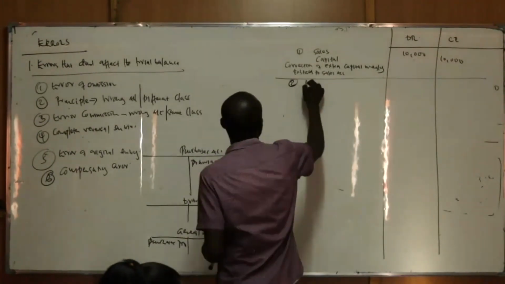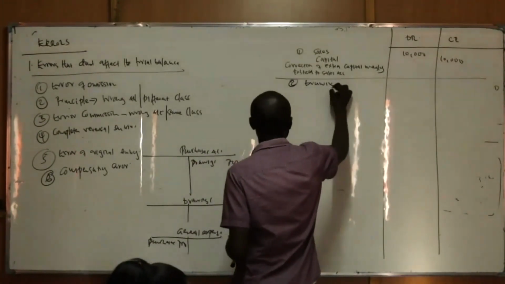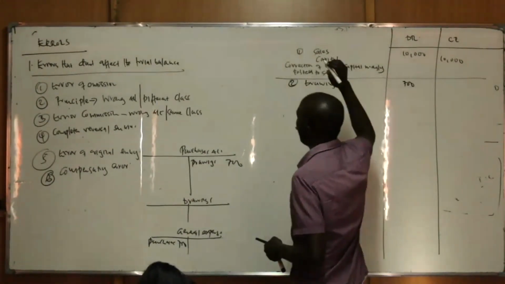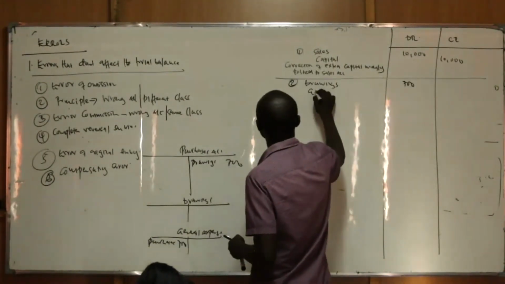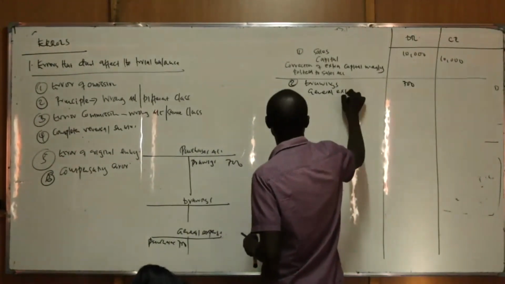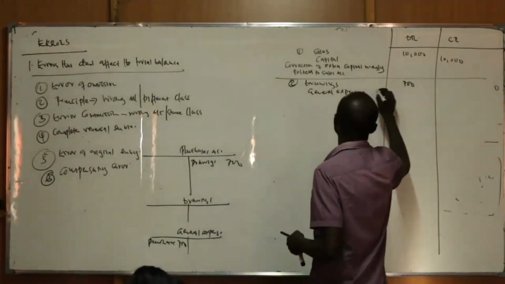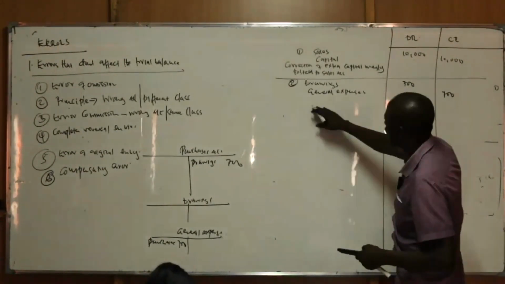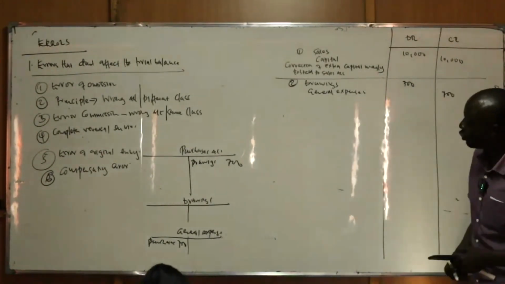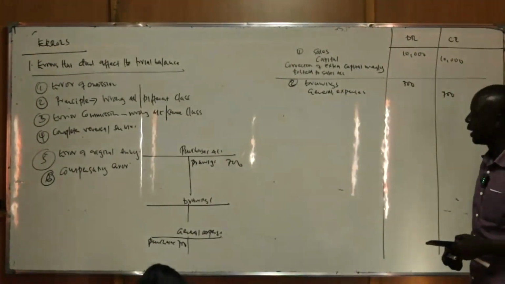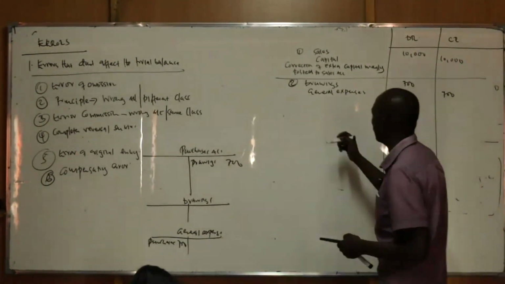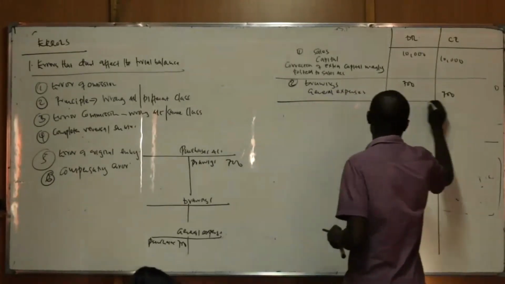You debit drawings to post that amount where it's supposed to be posted, 700, and you credit general expenses, 700. If they ask for narration, you say being correction of personal goods drawing wrongly posted to the general expenses account. Then you close that account number like that.